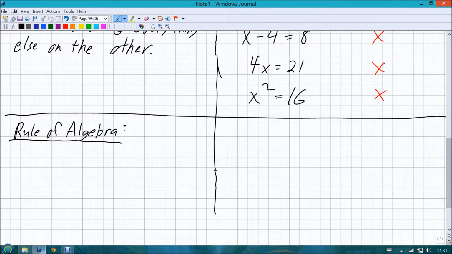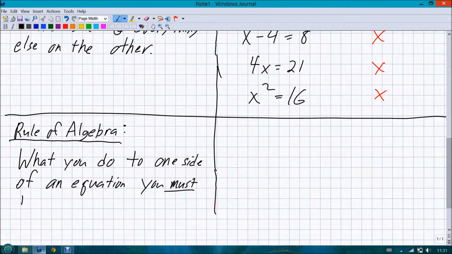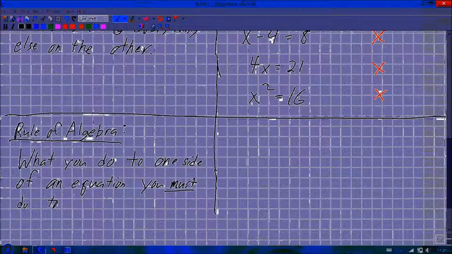The rule of algebra is as follows. What you do to one side of an equation you must do to the other side as well.